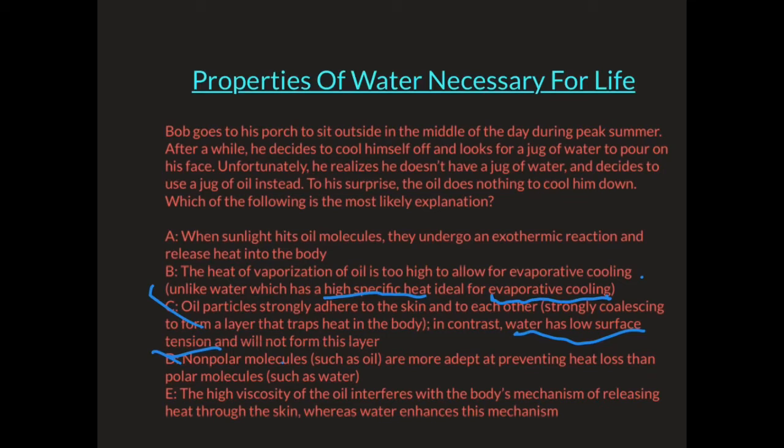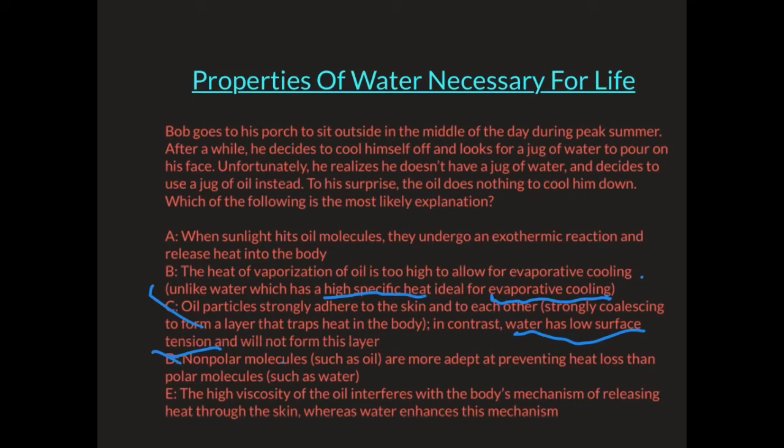So we can eliminate that just by knowing what polar and nonpolar means. Choice E. The high viscosity of the oil interferes with the body's mechanism of releasing heat through the skin, whereas water enhances this mechanism. Now, if you know how sweat is able to cool the body down by absorbing heat and evaporating, you'll know that water doesn't really cool the body down by enhancing release of heat through the skin.